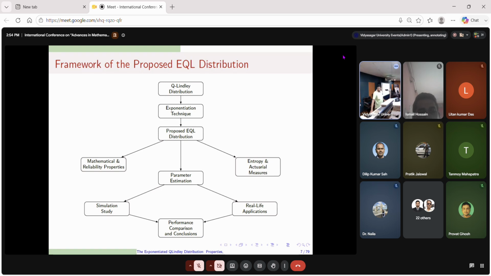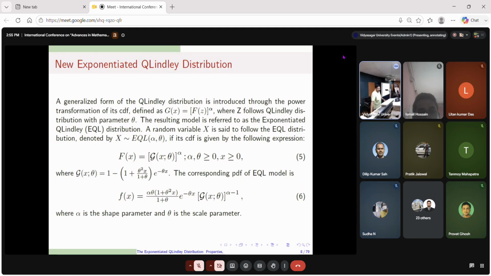Now you see how that particular distribution comes. I'm not going to discuss in detail, but simply, equation number 6 is my proposed distribution. This comes with the help of an exponentiated term, and this term comes from their respective distribution functions.